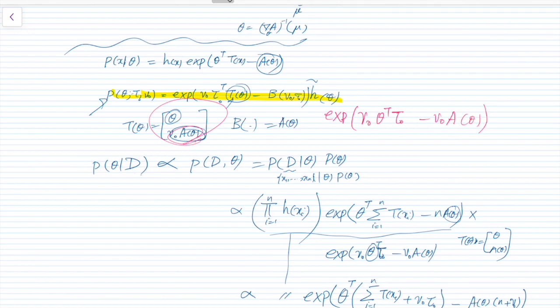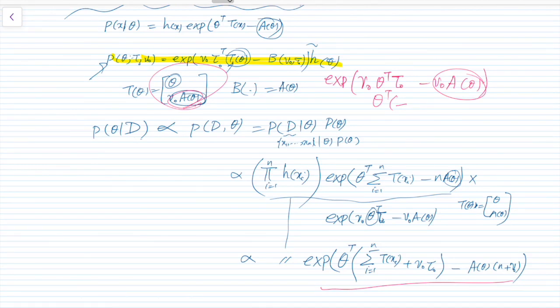So if I compare these two terms, they look the same, right? There is a theta transpose of something, and an A. So if I compare these two forms, it means that I might be able to represent my posterior in the same form as I have up there.